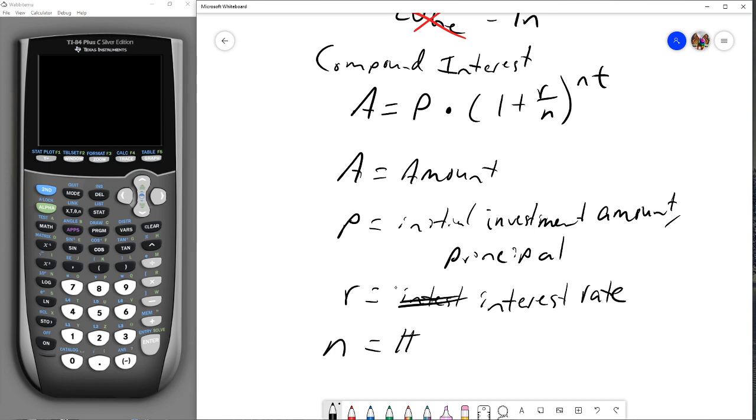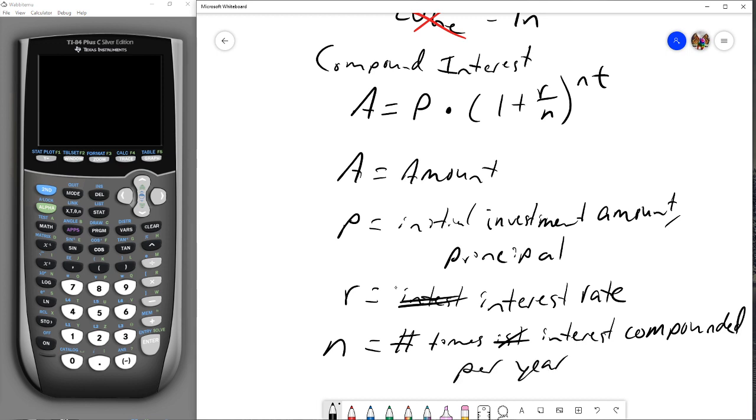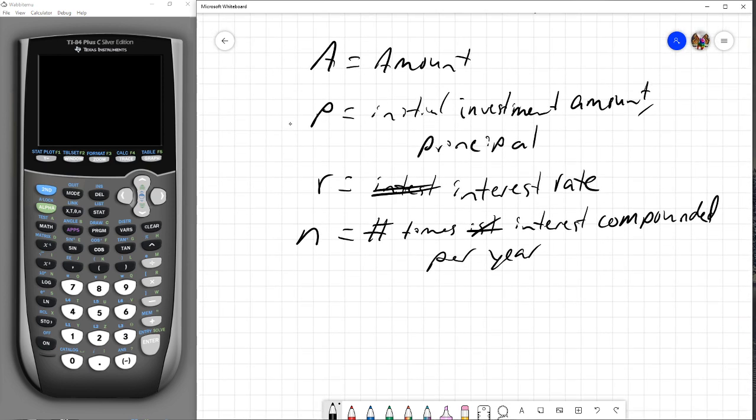And n is the number of times interest is calculated in a year. Another word used instead of calculated is compounded, per year. If you were told that interest was compounded semi-annually, then n would equal 2. Quarterly, then n would equal 4. We made a nice table with all that information already.